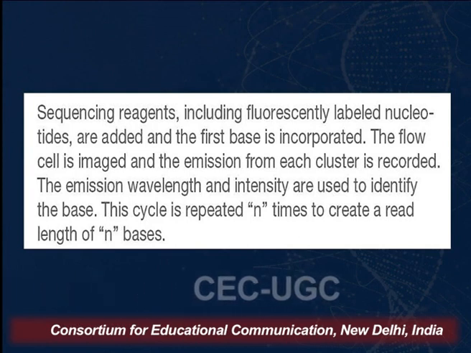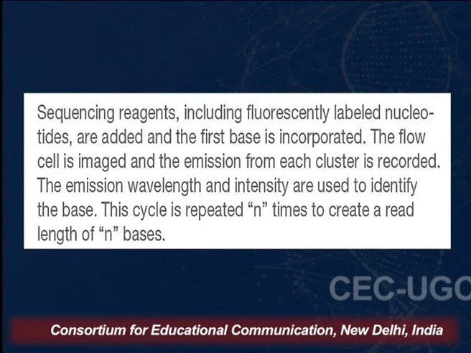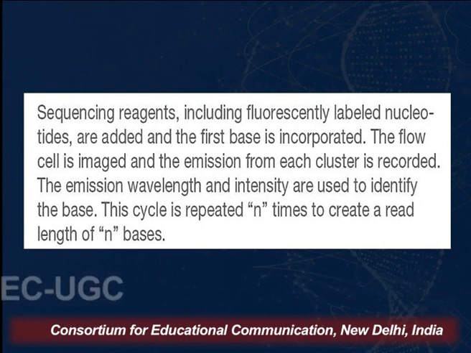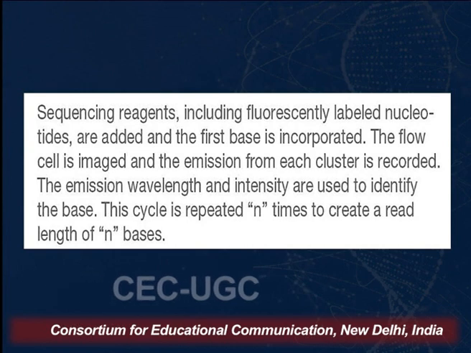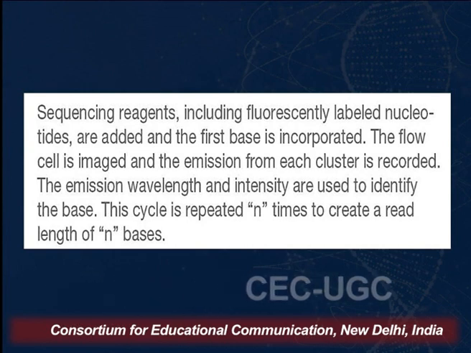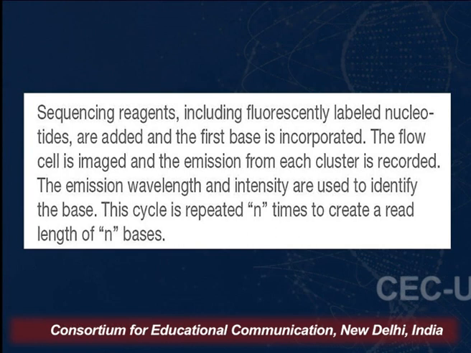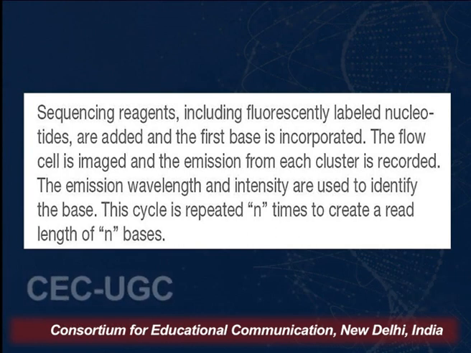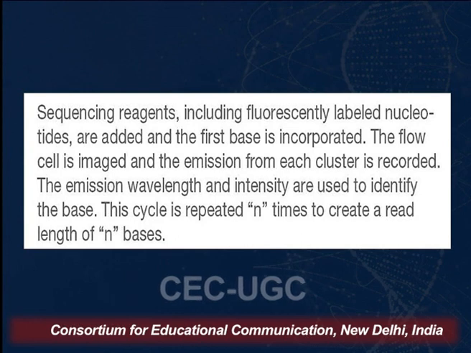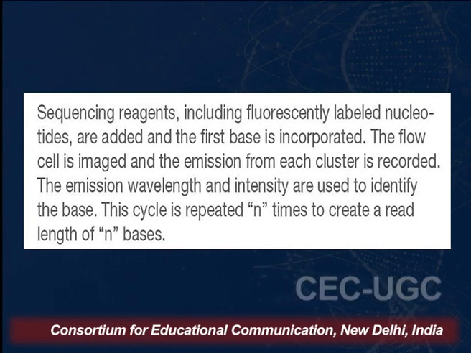The emission wavelengths are then filtered and read into a signal and text reading, and then the cycle is repeated, and thus it creates a read length of n bases. So this is repeated n times, so different reads of n bases are incorporated.